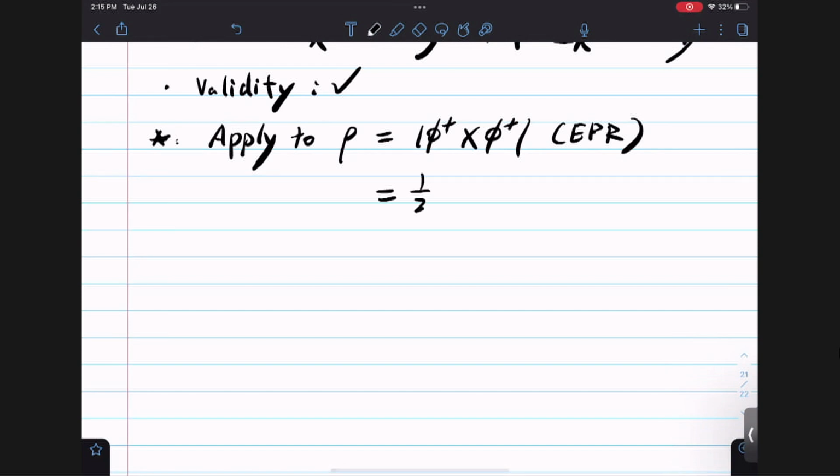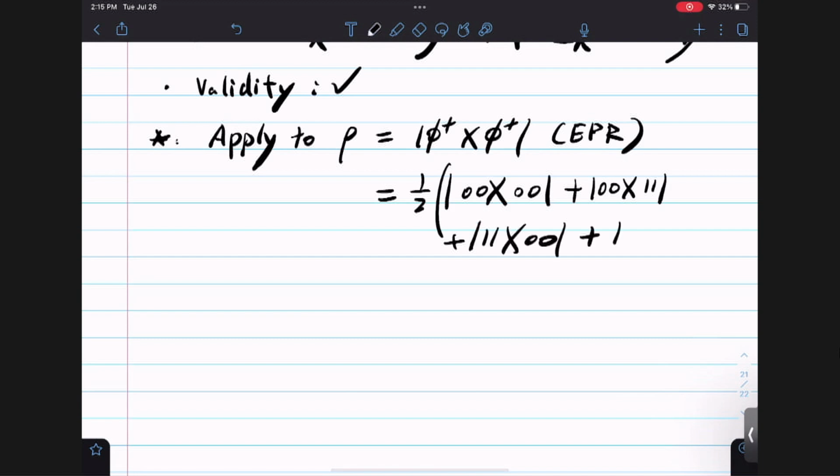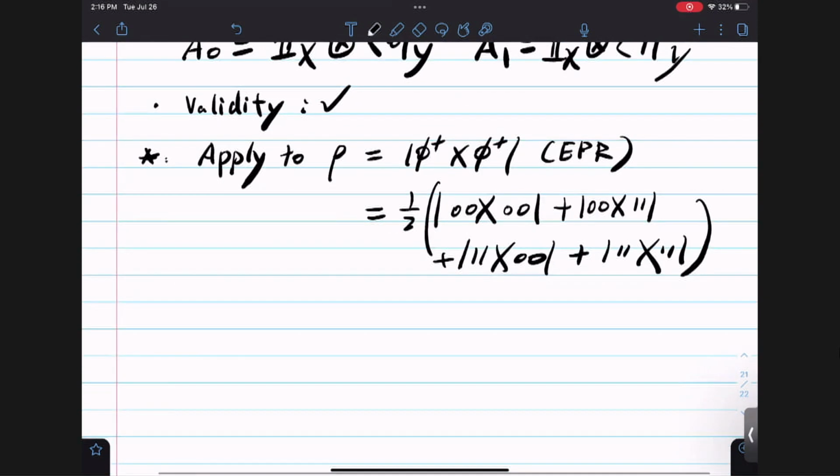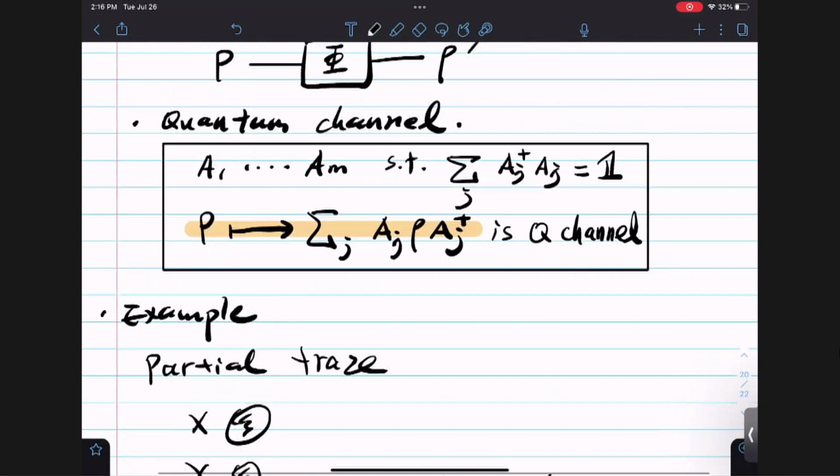I have one half... it's going to be a little bit messy, we'll have four terms. Now let's apply this operation to rho, which means we're going to conjugate rho by A0 and A1. So here's the rule.